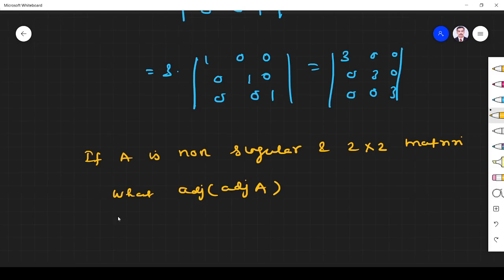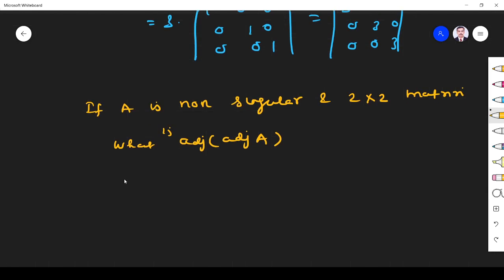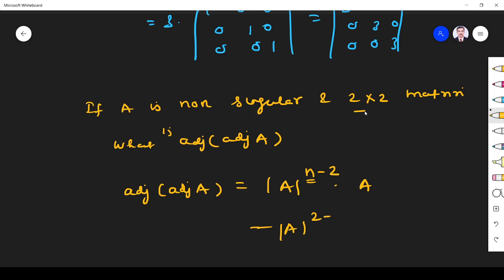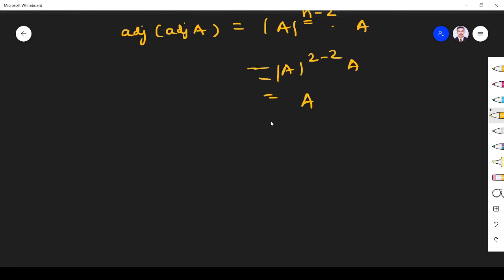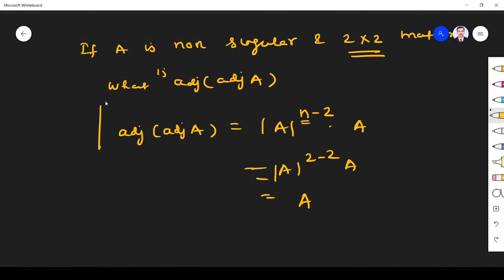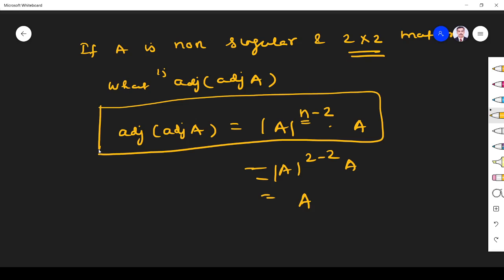We know the formula: adjoint of adjoint A is equal to determinant A power n minus 2 into A, where n is the size of the matrix. Here n is 2, so power 2 minus 2 into A, which is equal to A. So adjoint of adjoint A is A. This is the formula we must remember.